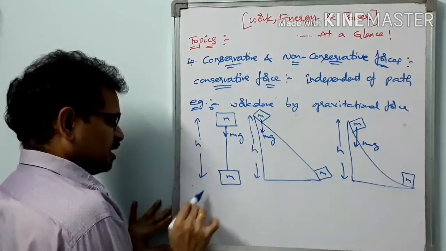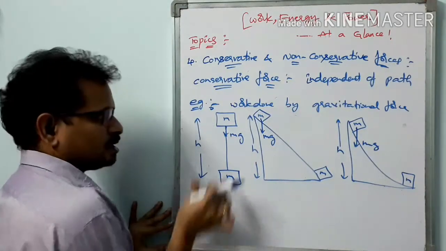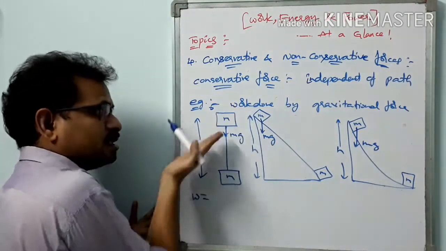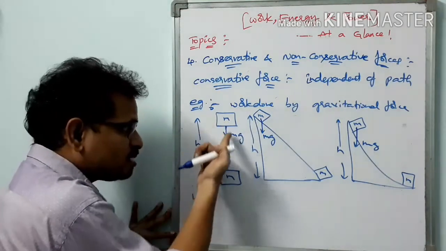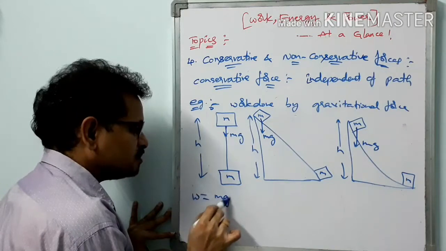What is the work done by the gravitational force here? Force acts downwards, and the vertical displacement is h, so the work done is simply mgh.